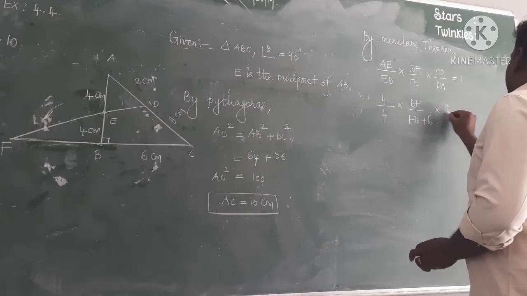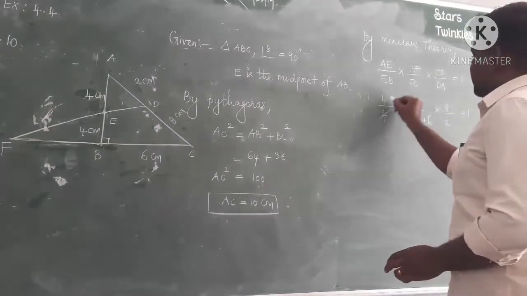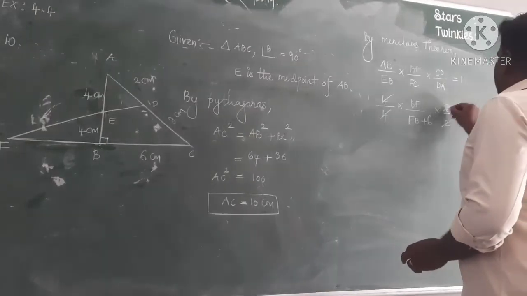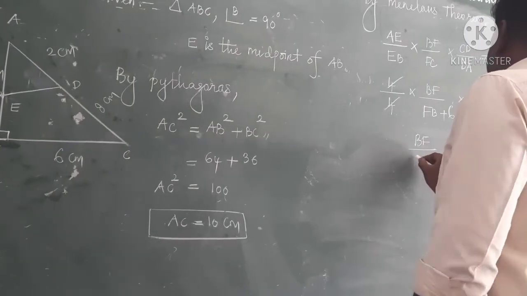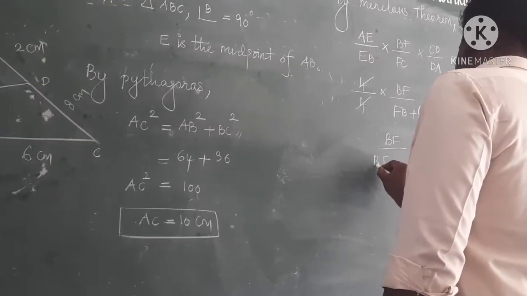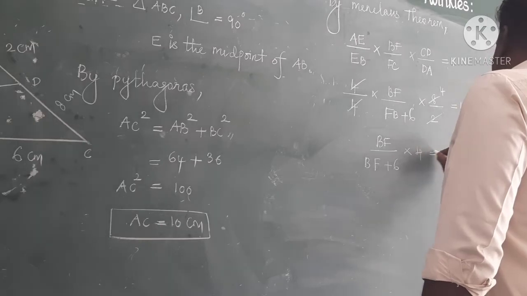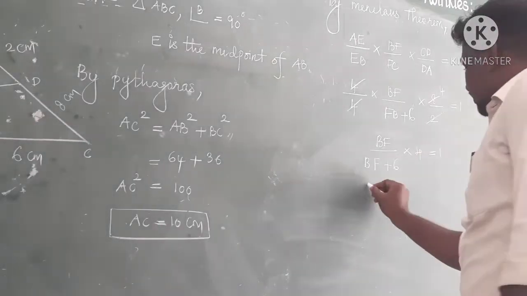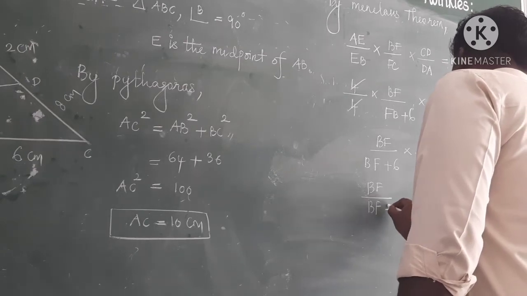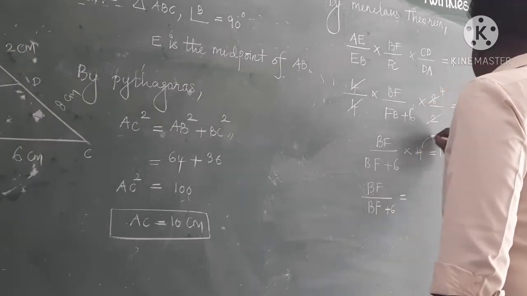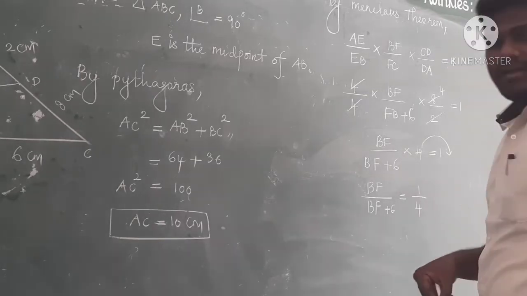So 8 by 2 is equal to 4. Okay. So now the 4 by 4 will be cancelled, it is 1. So we got BF by BF plus 6, into 4, is equal to 1. Okay. So BF by BF plus 6 is equal to, if you take this right hand side, it becomes the denominator, so 1 by 4.